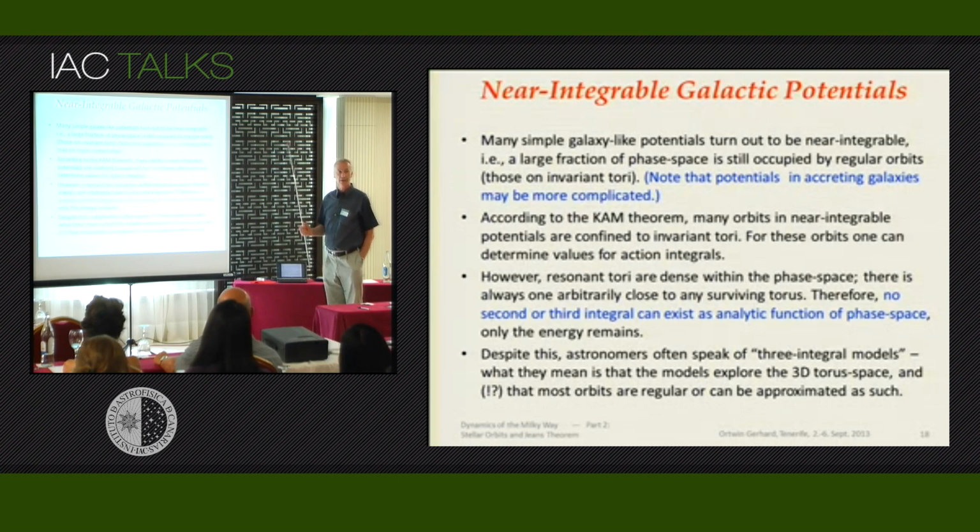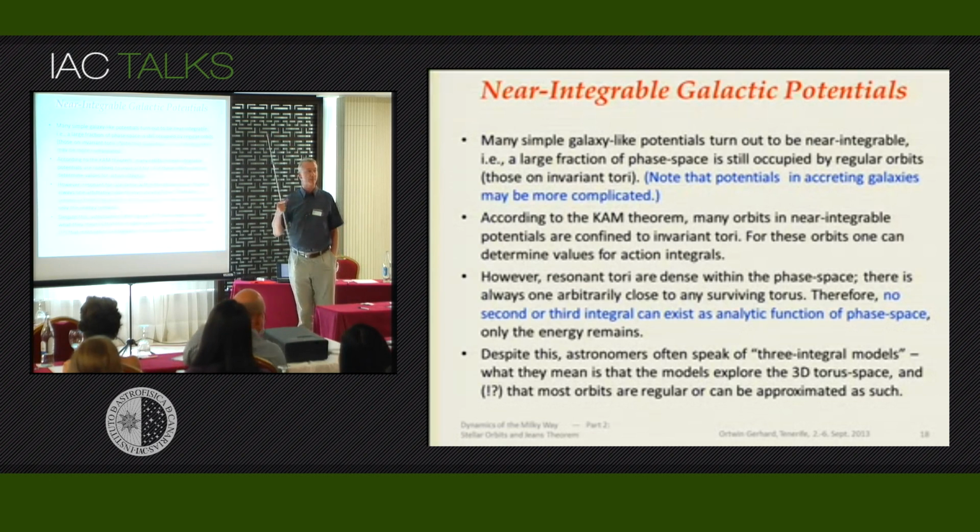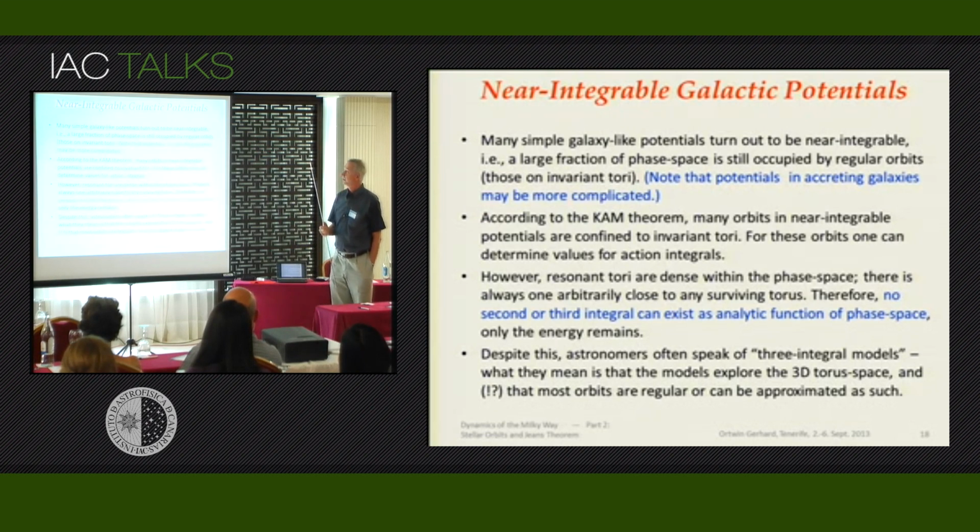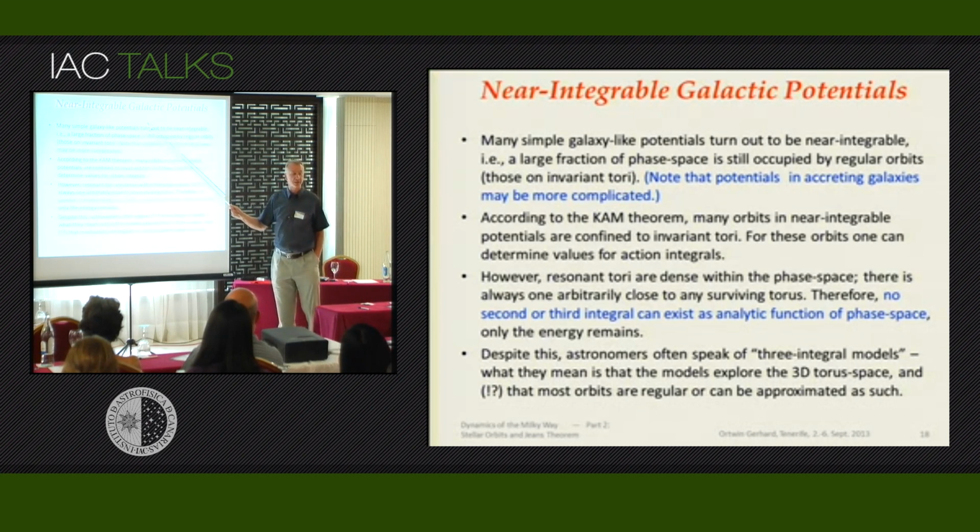And so this is something that perhaps one could not a priori have expected, but it's true that many galaxy-like simple potentials, at least smooth simple potentials, turn out to be near integrable in this sense that a large fraction of phase space is still described by regular orbits on invariant tori.